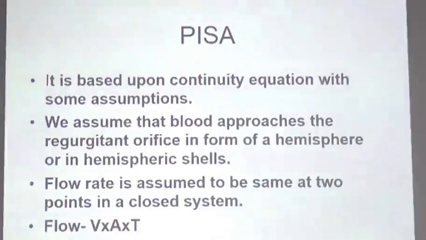It is based upon the continuity equation with some assumptions. We assume that blood approaches the regurgitant orifice in the form of a hemisphere or hemispheric shells. The flow rate is assumed to be same at 2 points in a closed system, and flow is given by this equation. Flow is given by V into A into T, and flow by T is flow rate. We discussed it. So flow rate is equal to velocity into area.